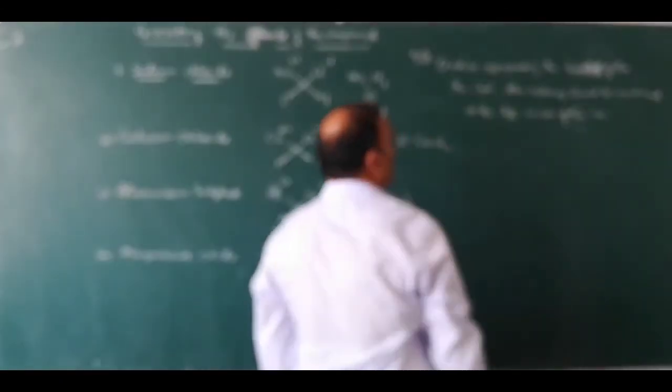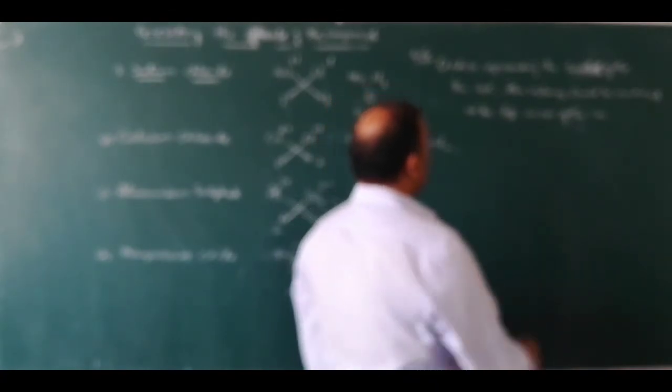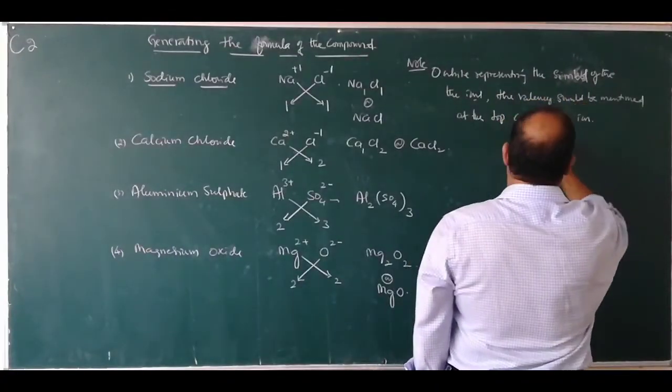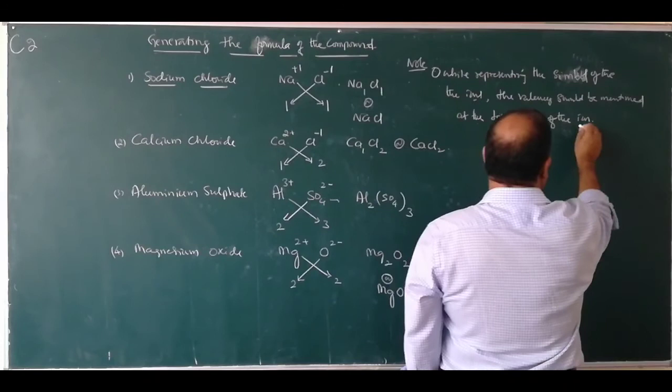While representing the symbol of an ion, the valency should be mentioned at the top corner of the ion.